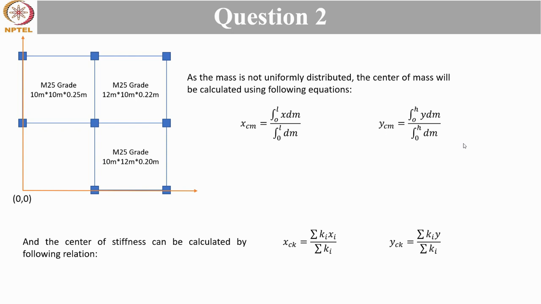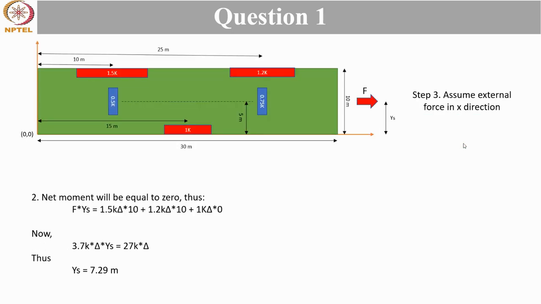Now how do we get the solution? Again using the same relationships that we saw earlier, like in the previous question, we derived this relation. The numerator is nothing but the summation of moments, and the denominator is nothing but the summation of stiffness that we got from equating the net force. In the previous solution we did the same thing.